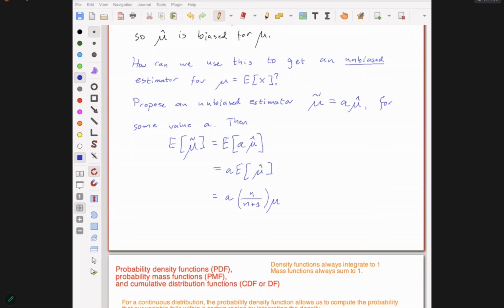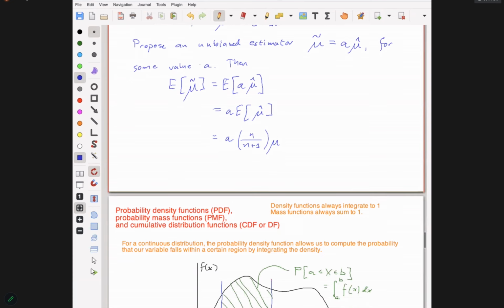Okay, so what we'll do here is set this equal to mu and solve for A, because we want to get a value of A such that this expectation here is equal to mu.